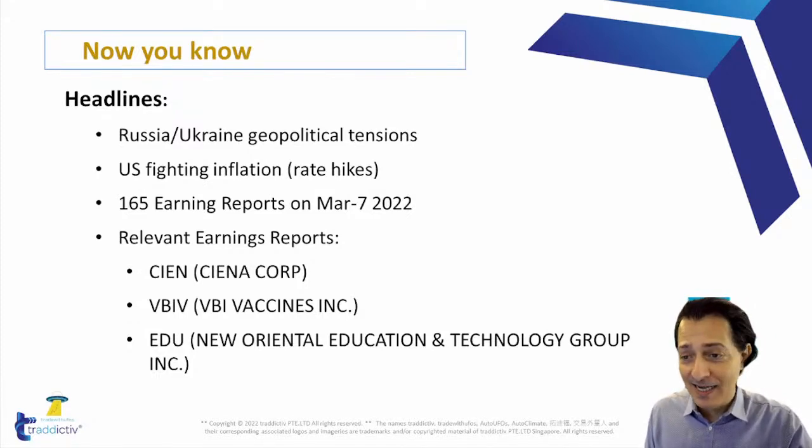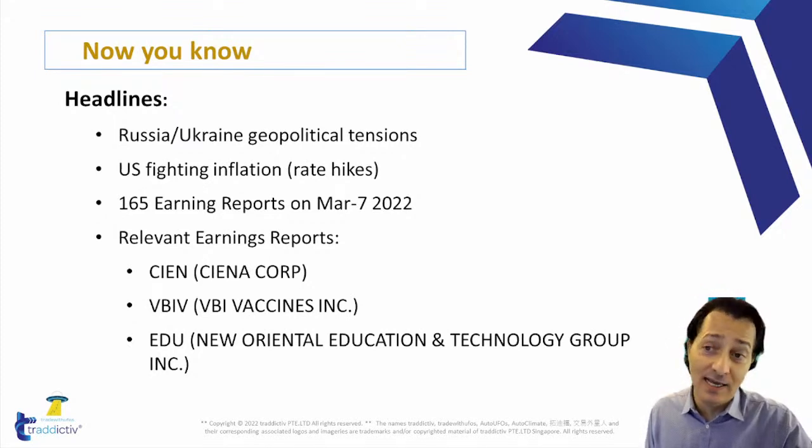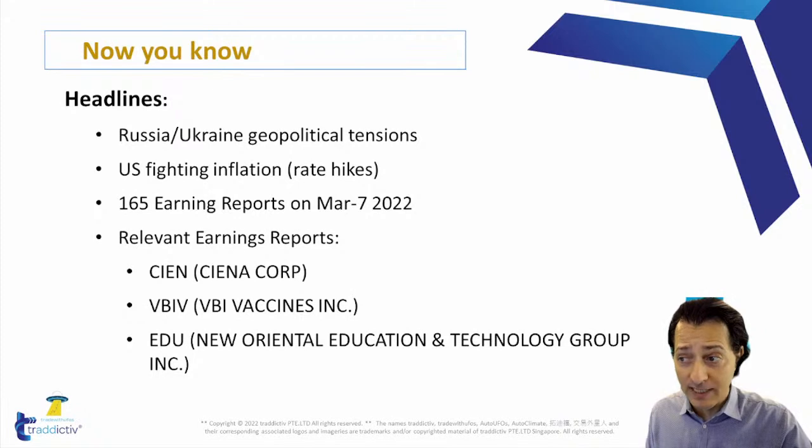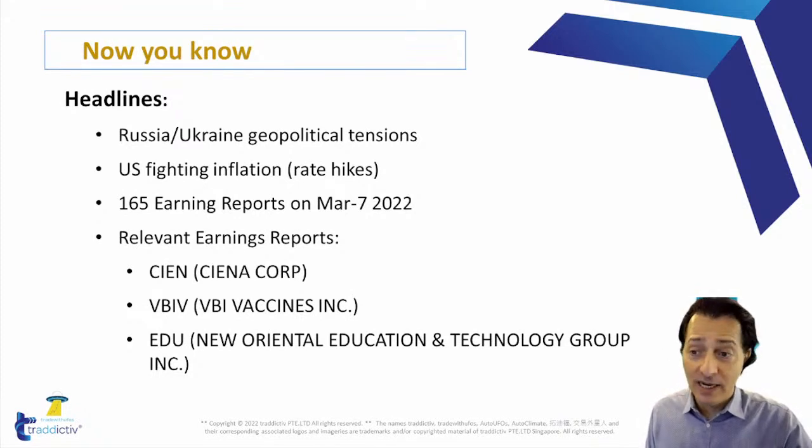Headlines, well, to be honest, the two key headlines that I have here, if you recall last week, are exactly the same two headlines: Russia-Ukraine geopolitical tensions and the US fighting inflation.